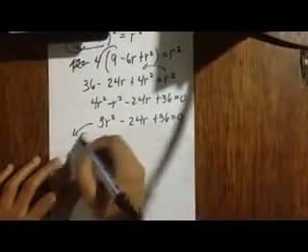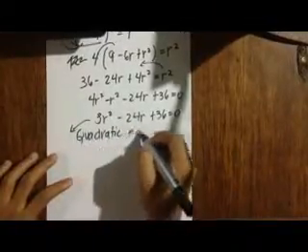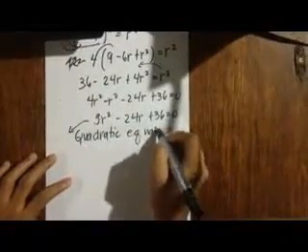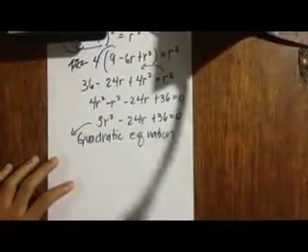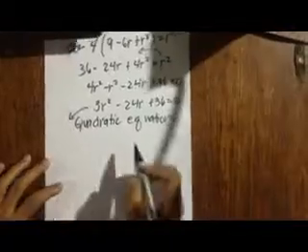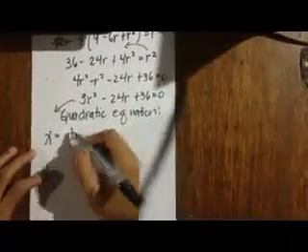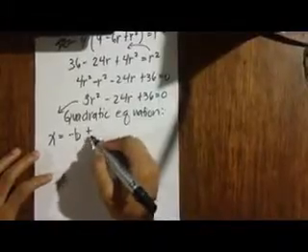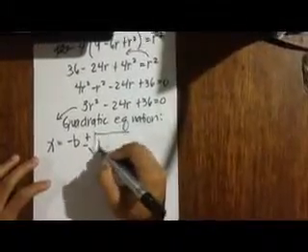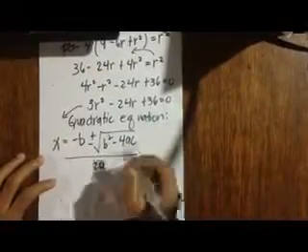So this type of equation is a quadratic equation. So how are we going to do this? Quadratic equation. So remember, in your algebra, the quadratic formula is negative b plus or minus square root of b squared minus 4ac all over 2a.